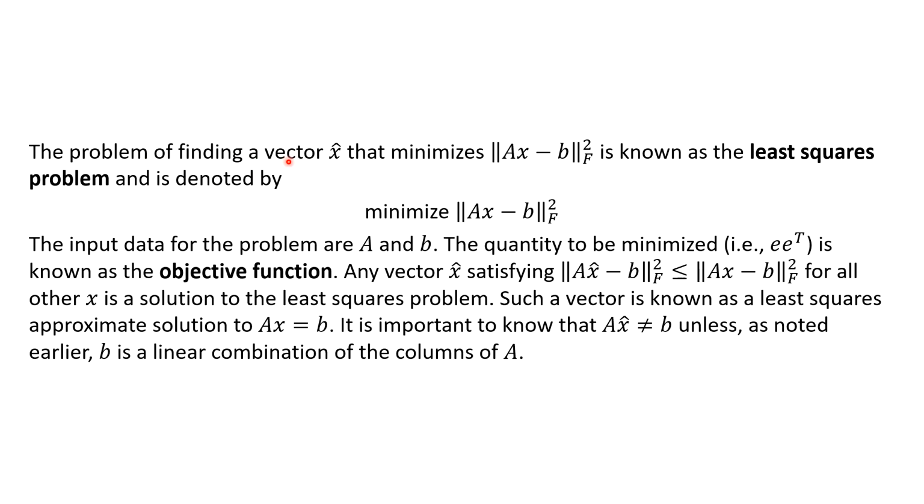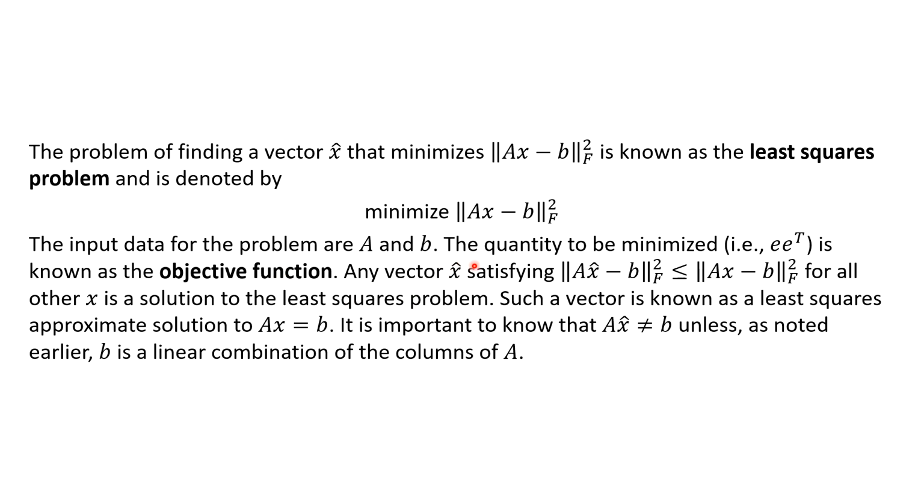The problem of finding a vector, which we'll call x hat, that minimizes this Frobenius norm is known as the least squares problem and is denoted by minimize this Frobenius norm. The input data for the problem are the matrix A and the column vector b. The quantity to be minimized is known as the objective function.